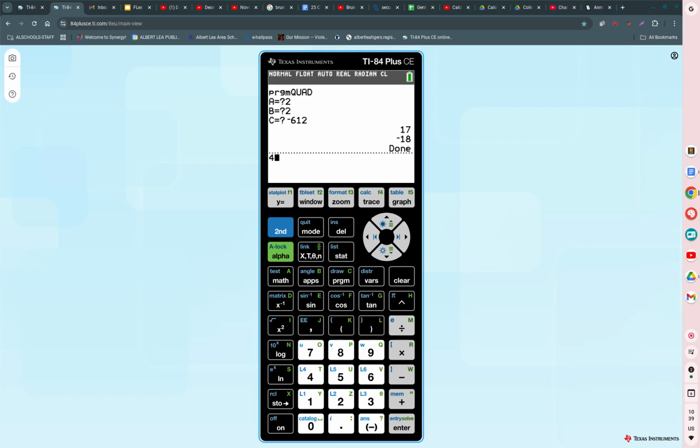So I have 46.6666, and I multiply that by 2, and then I add 4 to it. Sorry, I keep saying 42, it's 46.66, right? Sorry about that. I get 97.3.